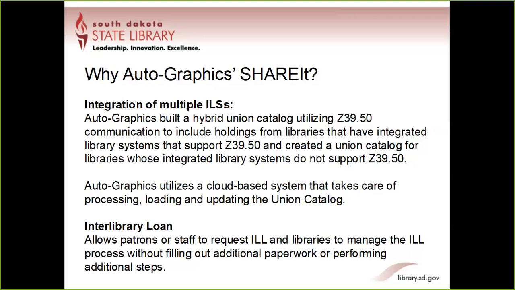We have those that have integrated library systems that have Z3950 functionality, and we also have libraries that have ILSs that do not have that functionality. We have 59 libraries that are what Autographics calls Z targets, or they have Z3950 communication functionality. And then we have 24 libraries that are in our union catalog.